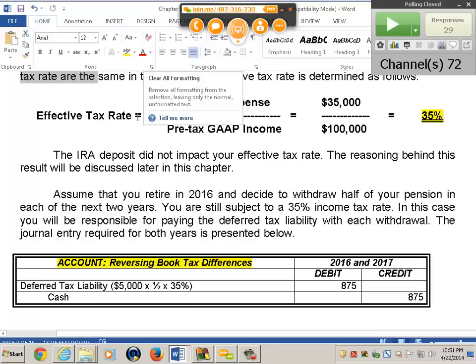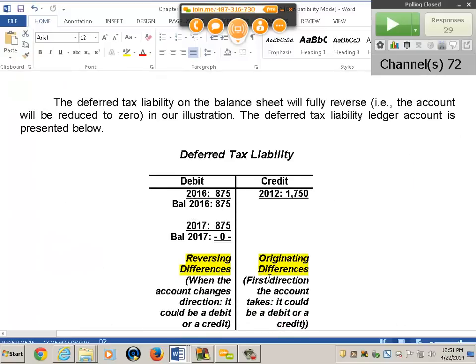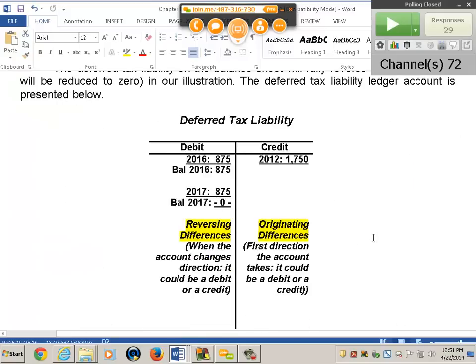And when you look at the T accounts, I think something that is extremely important is that under the accounting standards that we use, and in the textbook world, we always zero out the deferred liability. So first of all, let's talk about originating and reversing differences.